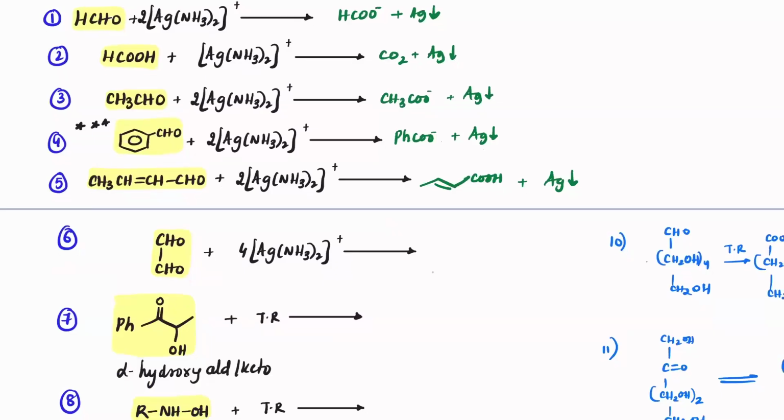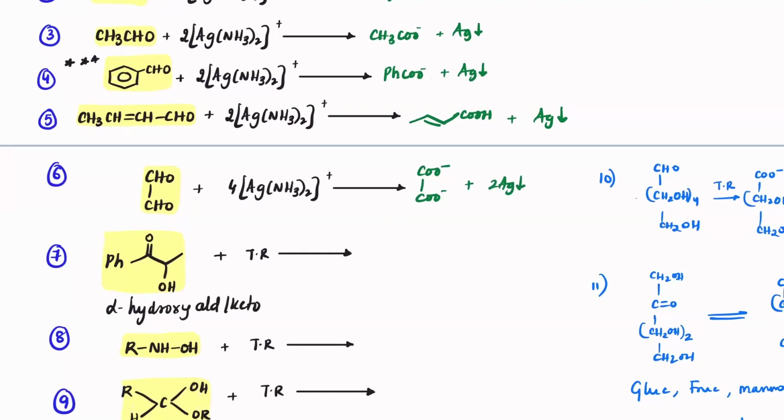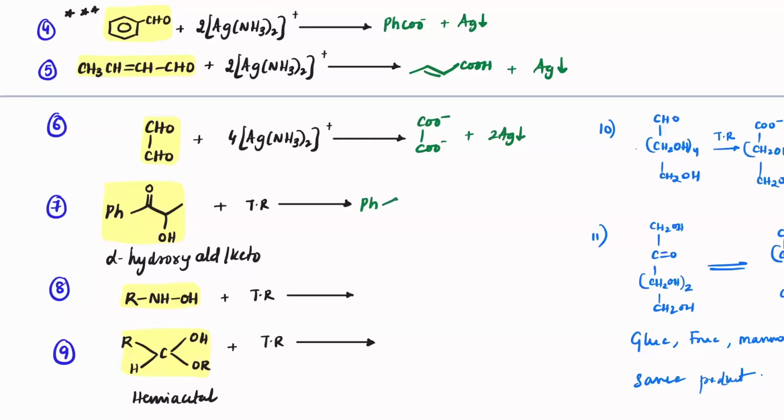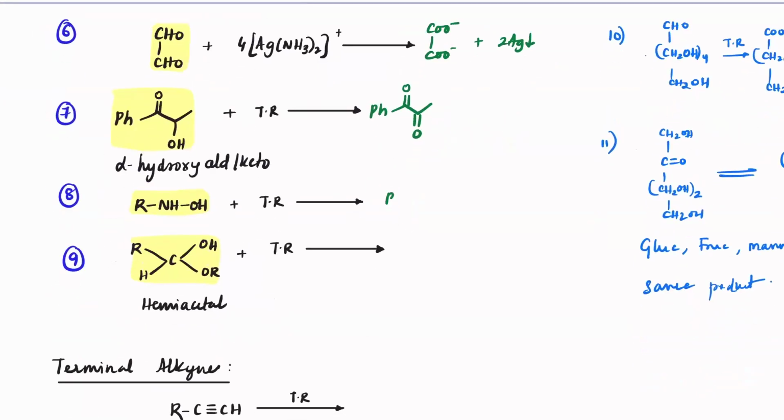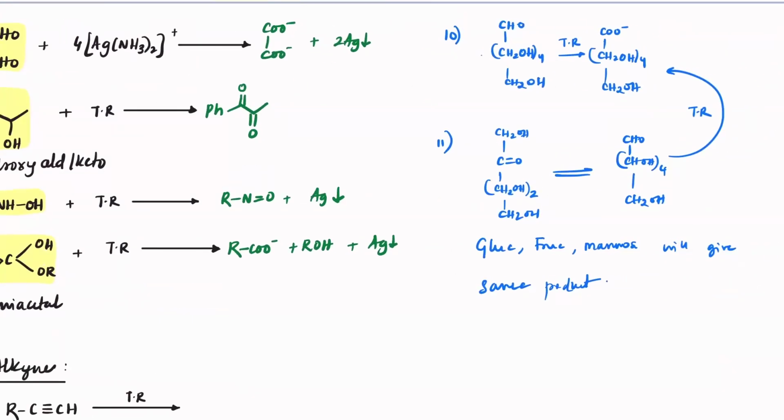They are mild oxidizing agents. And then here we'll have COO minus and COO minus and silver. Next, we have Ph double bond O, double bond O, and here R and double bond O. Here it is hemiacetal, so RCOO minus and ROH like this, plus silver will get reduced.